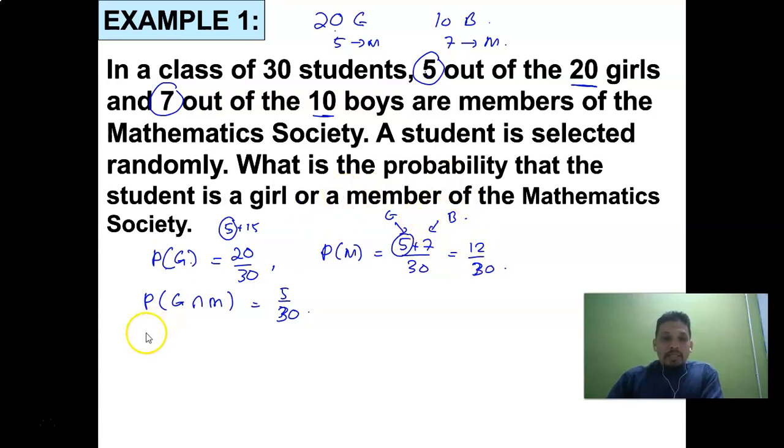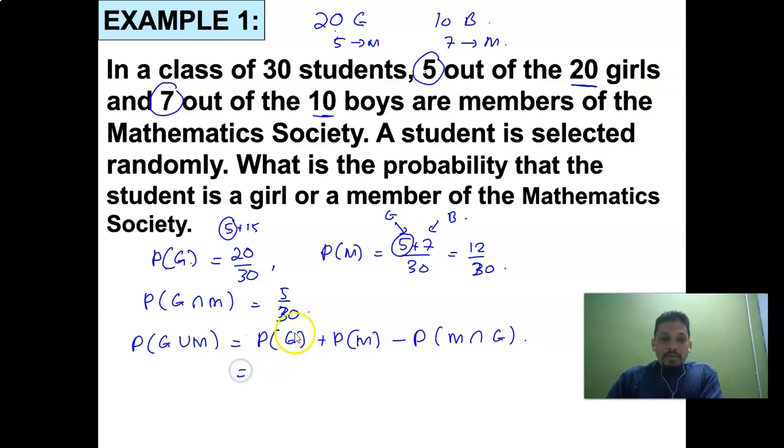So to find the probability of G union M, the probability that the student is a girl or a member of the mathematics society, it is the probability of girl plus the probability of members of the mathematics society minus the probability of members of the mathematics society intersect with girl. The probability of girls is 20 over 30.